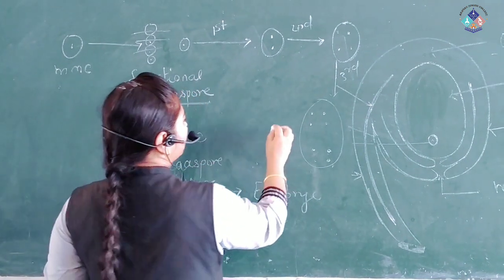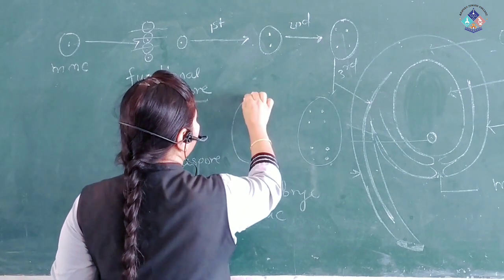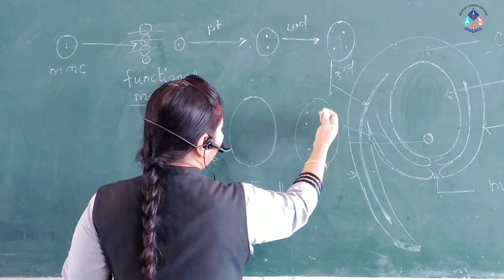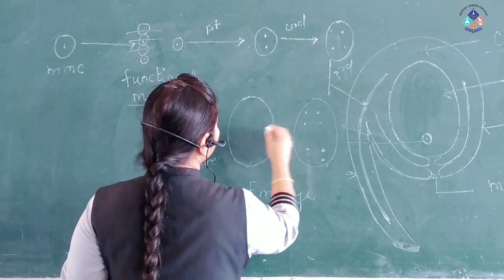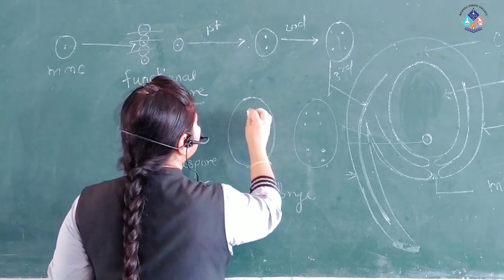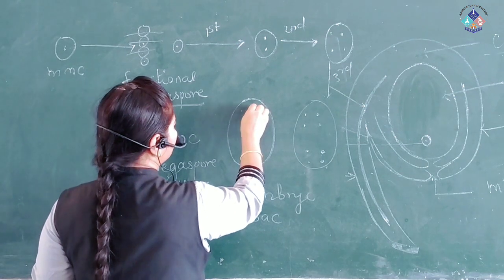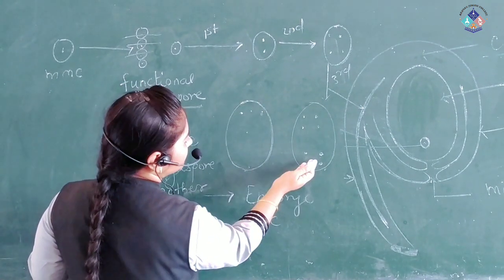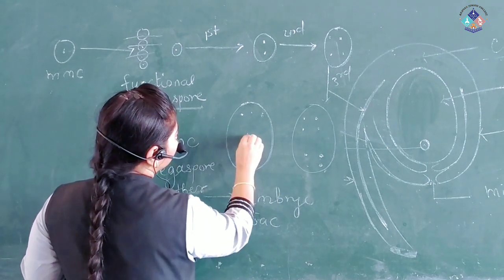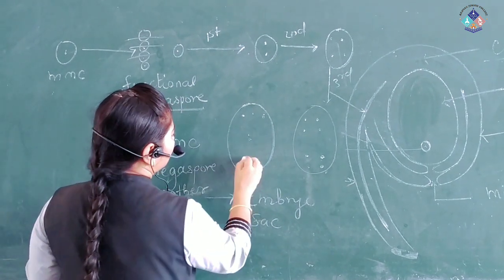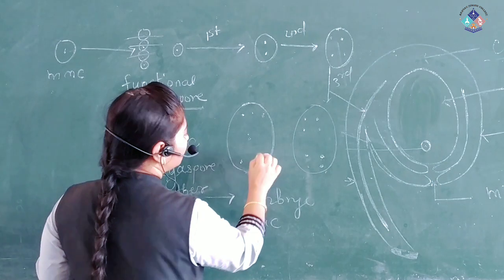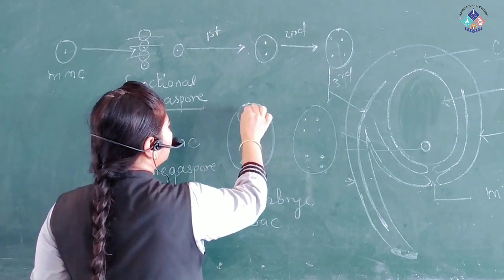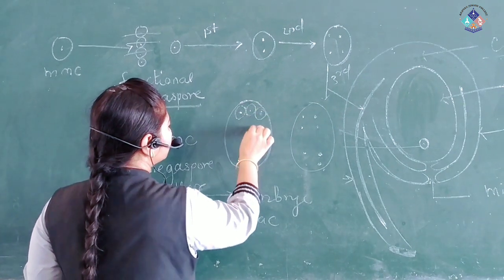Now after this formation of 8 nuclei, one nucleus from each pole comes to the center. So 3 nuclei remain at the chalazal end, and 3 remain at the micropylar end, and there is a formation of walls, means there is a formation of cells.